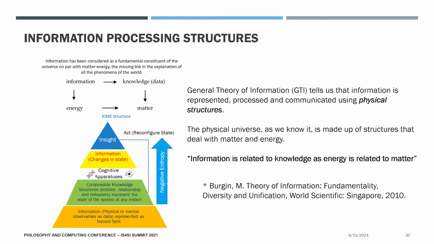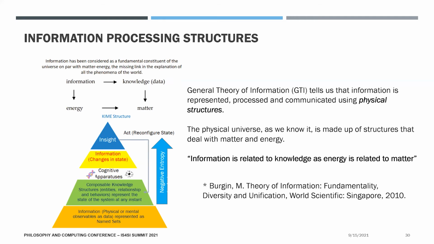So we combine this into a model where you can represent not only the entities and relationships, as we do with conventional data structures, but also the behaviors and how the structures evolve as graphs.